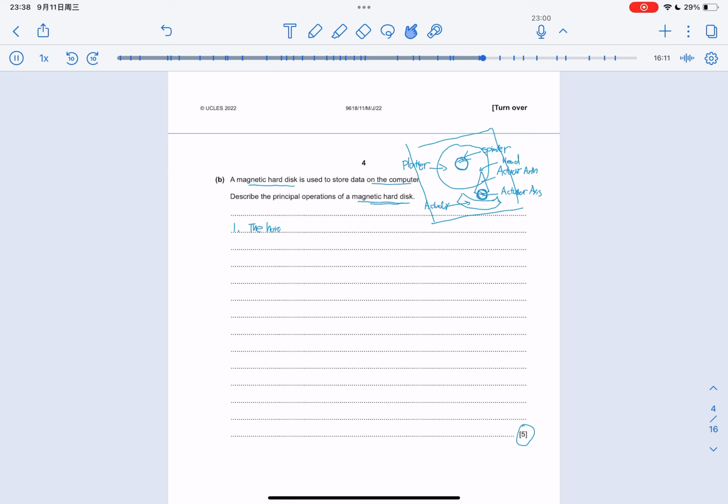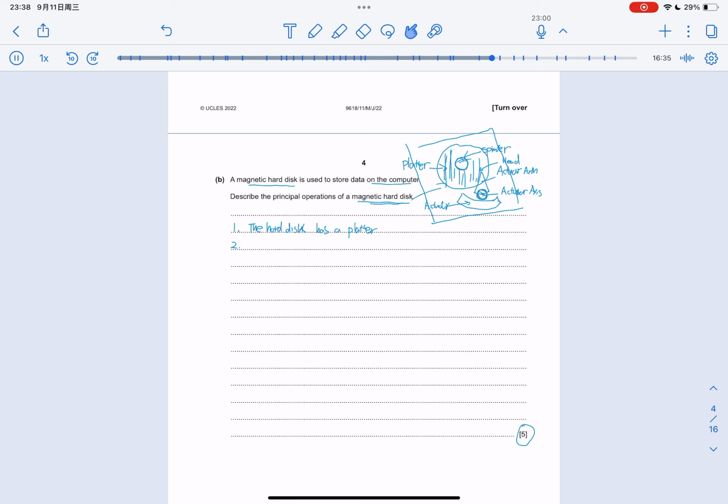The hard disk has a platter. This one is the platter. Okay, for a second. So we can see each surface of the platter is capable to be magnetized.